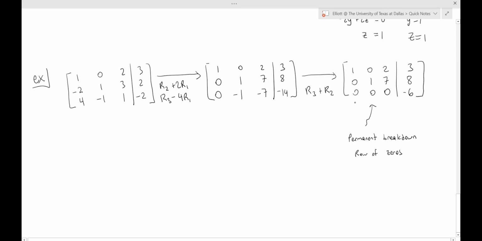Now, if we look at the very last row and we write out the corresponding equation, that last row says 0x plus 0y plus 0z equals negative 6. And clearly there is no solution to that. So therefore there's no solution to this system of equations.